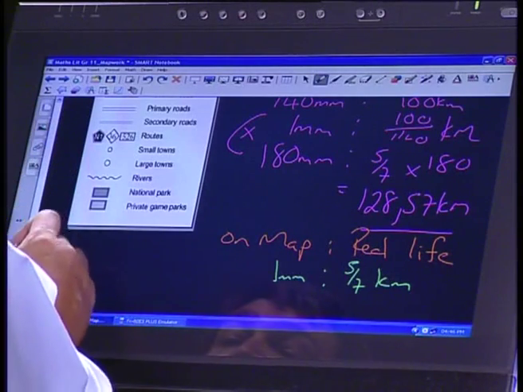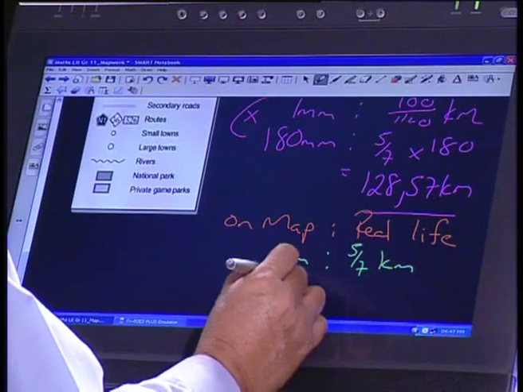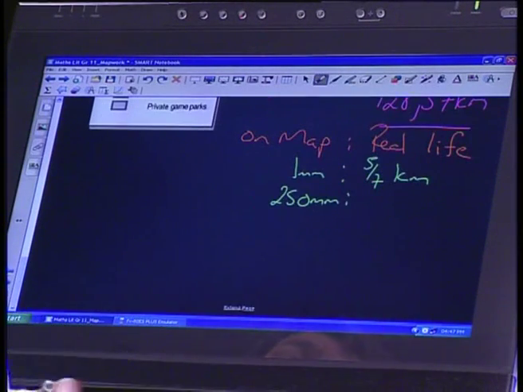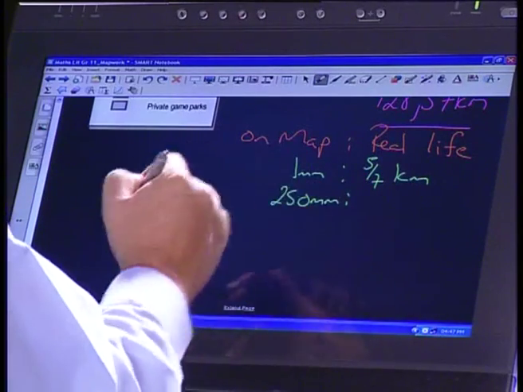We now have measured all those little segments on my route. From this point to that turn, from that turn to that turn, from that turn to that turn, and we got a distance of 250 millimeters. Well, I did anyway. So I know that 250 millimeters is got to be so many kilometers. How did I get the 1 to 250?